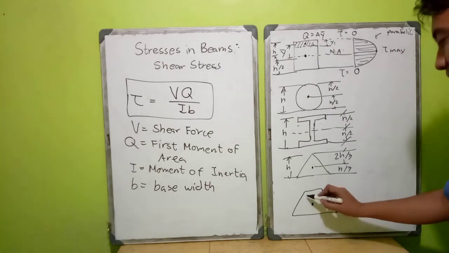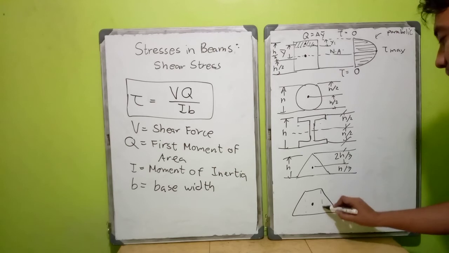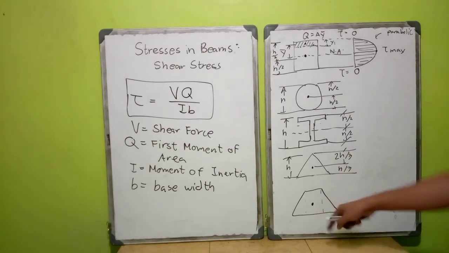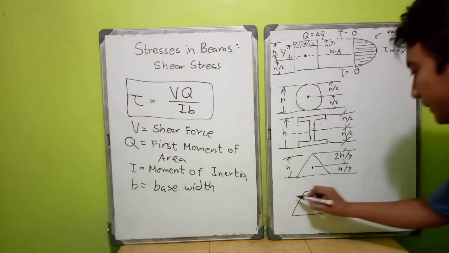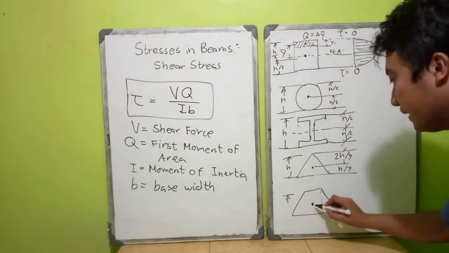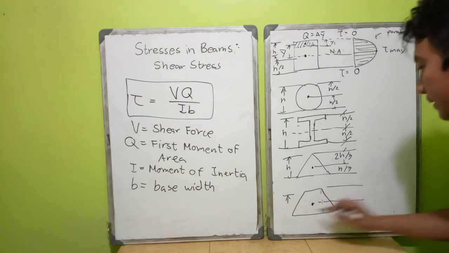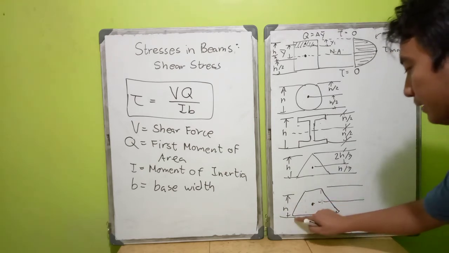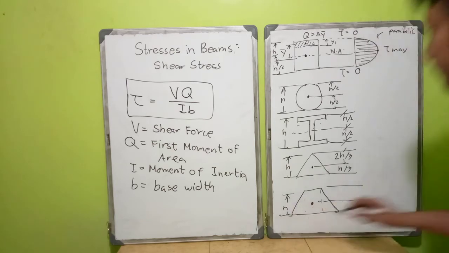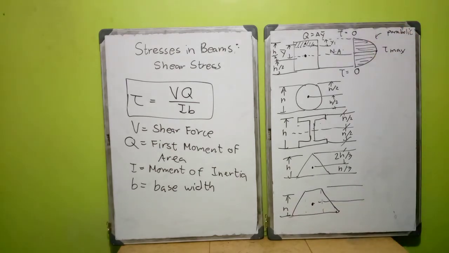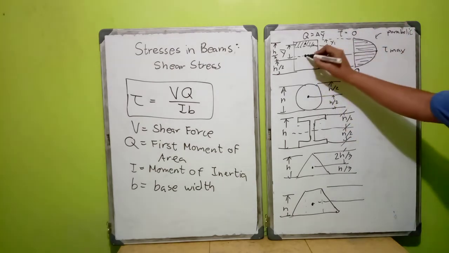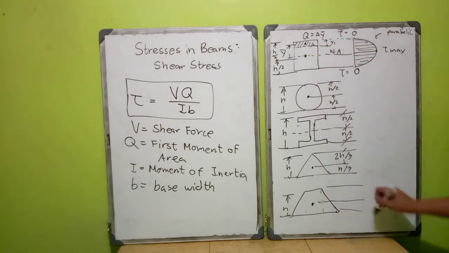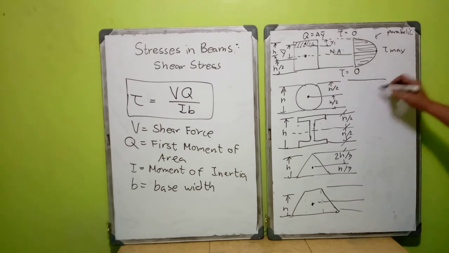You need to divide your cross-section into two triangles and a rectangle in order to compute the location of your neutral axis or the location of your centroid. When we say neutral axis, I want to clarify this neutral axis is a horizontal line crossing at the location of your centroid. So this we do not know.